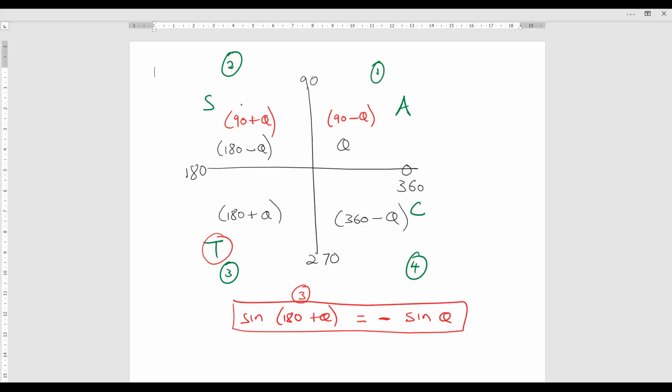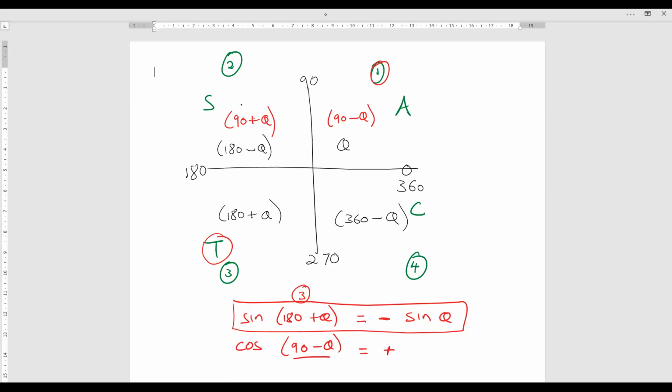But if we look at something using 90 minus theta, if we have cos of 90 minus theta, we know 90 minus theta is in quadrant 1. And in quadrant 1, cos is positive, so we don't have to write the sign.